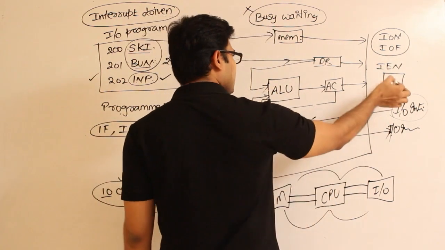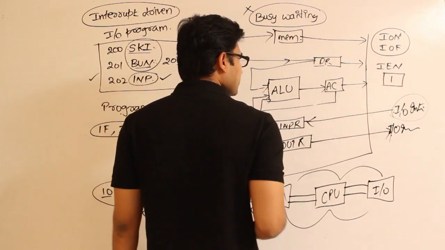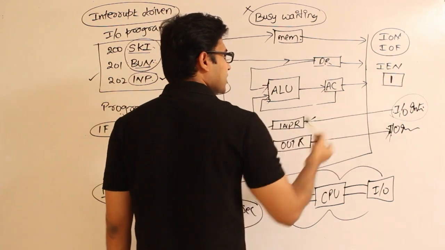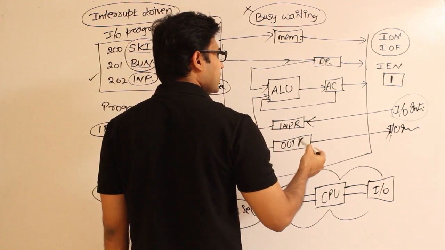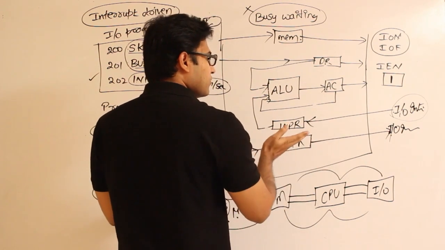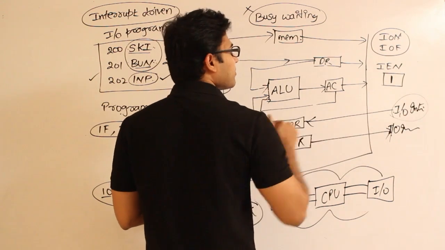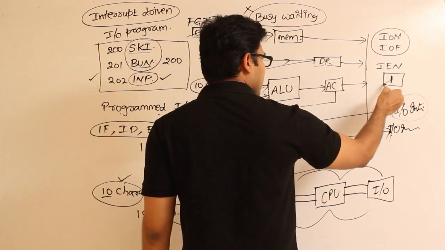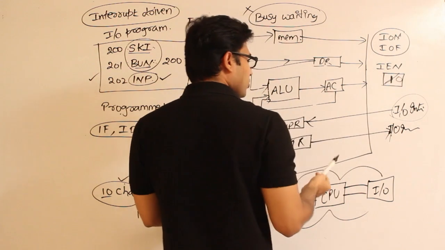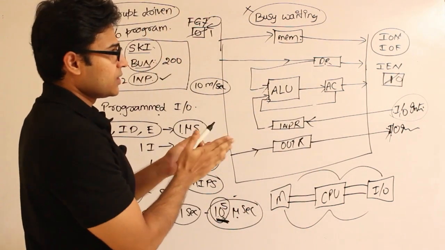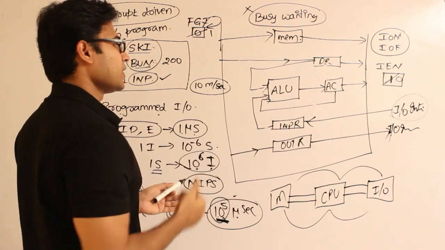Whenever this interrupt enable flag is 1, it means the program we are running can be interrupted, and if interrupted, that program will stop there, we go to the interrupt, process it, and come back. In case IEN equals 0, it means the program we are running now should not be interrupted, and it has to be completed; only then will the interrupt be looked at.